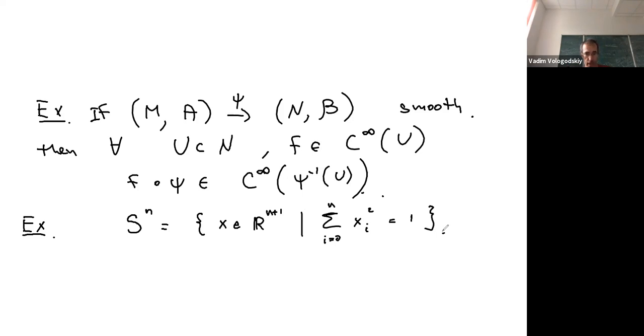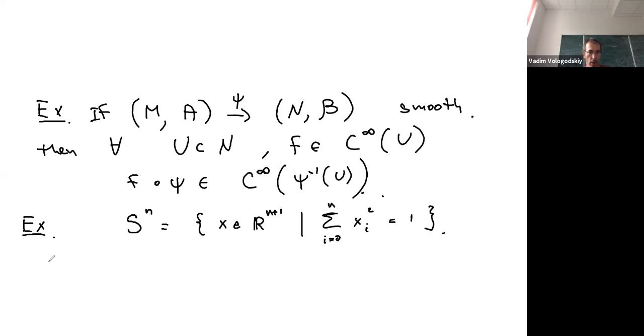That's clearly a topological manifold. Let's define a smooth structure. I define a smooth structure by constructing explicitly a smooth atlas.